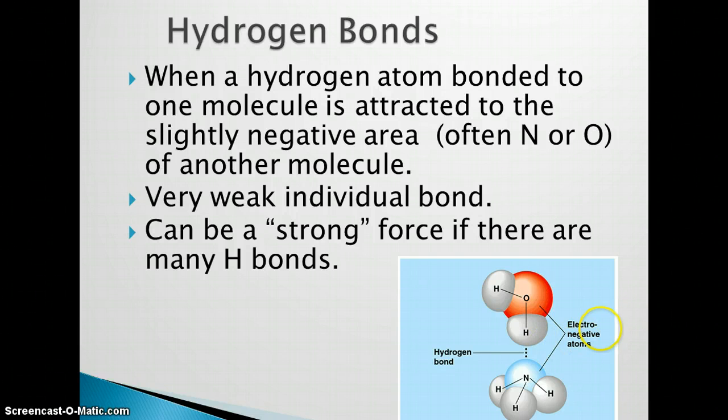And what happens is hydrogen is slightly positive, and it likes these areas that are slightly negative, like nitrogen here. And so there's an attraction there. It's called a weak bond, because it's more of an attraction like, hey, I like you. Nitrogen's like, okay, cool. But they're not really bonded together. However, and this is how water sticks together, lots of these hydrogen bonds come together, and they're going to get really strong because there's so many of them.